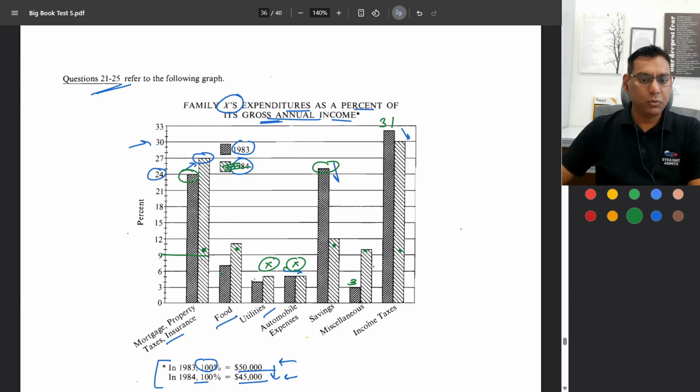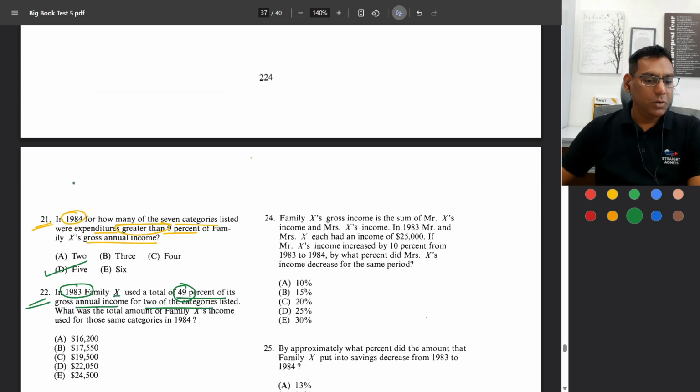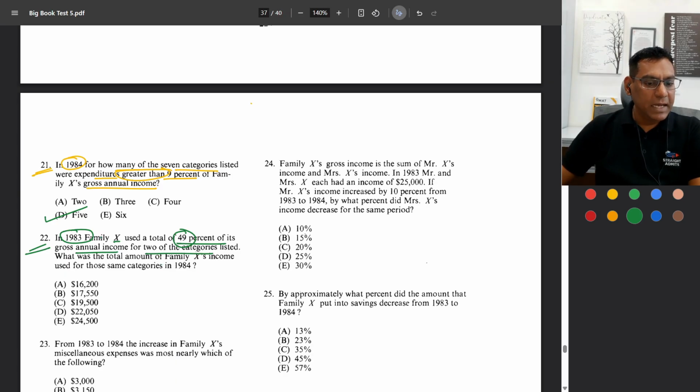So these are the only 2 categories. What are those? Mortgage, property tax, insurance, and savings. Fine. So those are the 2 categories. What was the total amount of excess income used for those same categories in 1984?